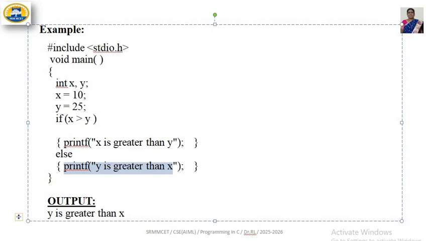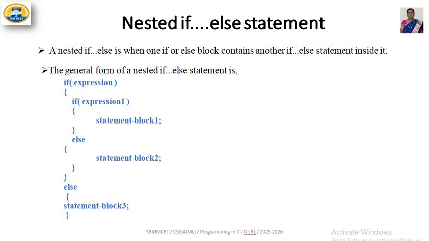Next, another form of the if statement: the nested if-else statement. A nested if-else is when one if or else block contains another if-else statement inside it. The general form of a nested if-else statement is: if expression 1, statement block 1, else statement block 2, else statement block 3.